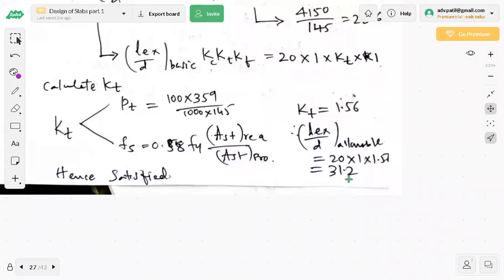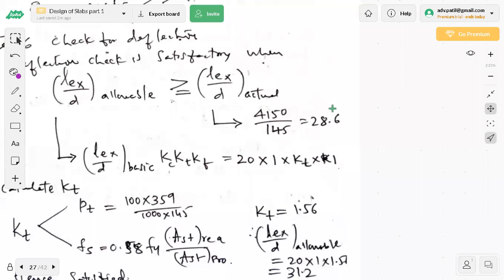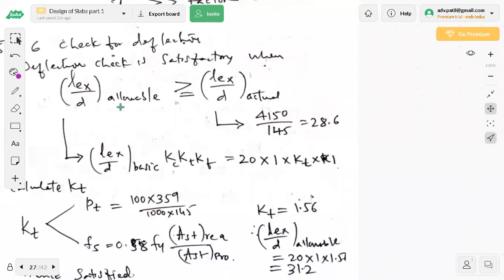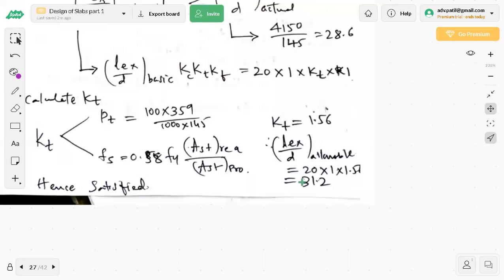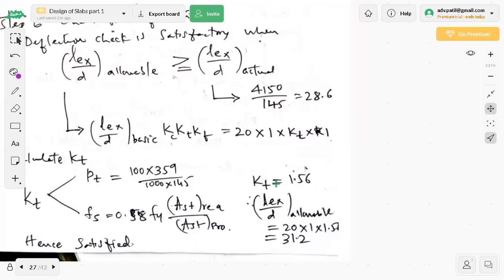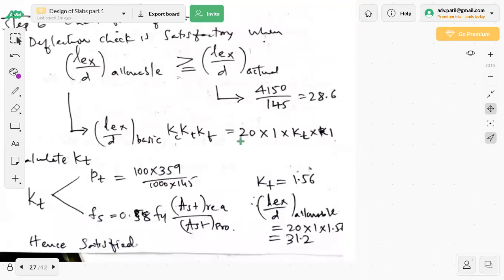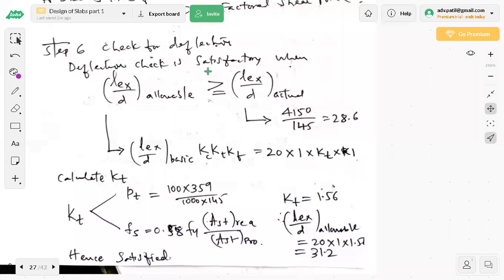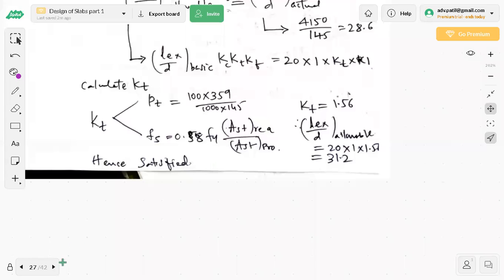I'm getting 31.2. So 31.2 is more than what is actually happening, which is 28.6. So permissible is up to 31.2, whereas actually it is 28.6. So the permissible value is more than whatever is actually happening. So the deflection criterion is satisfied.